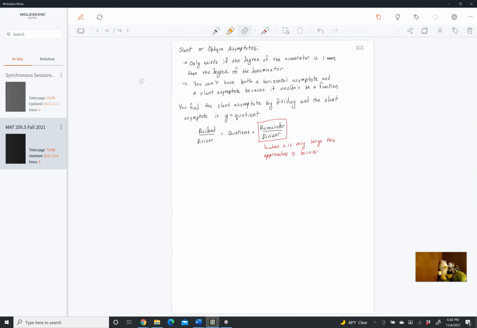Because the degree of our remainder is less than the degree of the divisor. That's how we know that it's a remainder. And the quotient plus 0 is just the quotient.